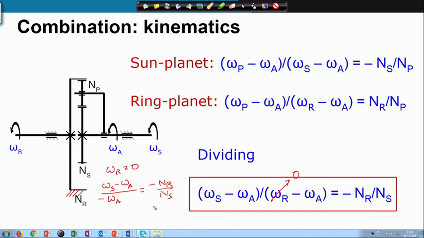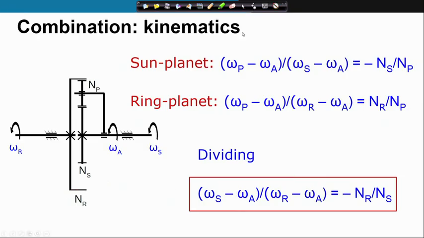So, under various combinations you can calculate the relation between the gears, the angular speeds of the gears.